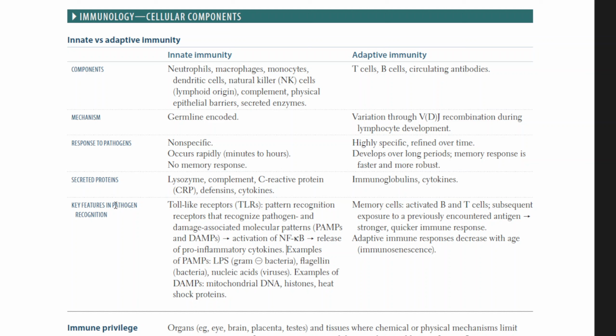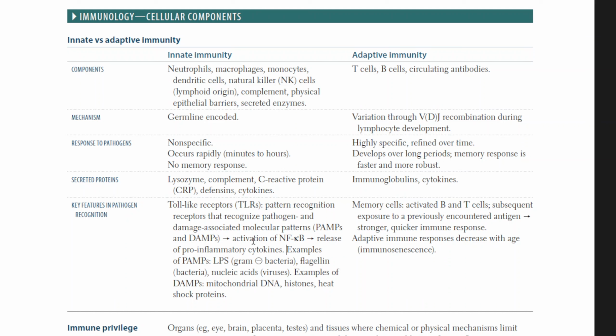The key feature in pathogen recognition is the toll-like receptors. They are pattern recognition receptors that recognize pathogen-associated molecular patterns and damage-associated molecular patterns.